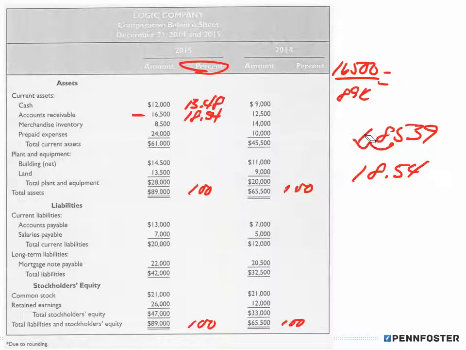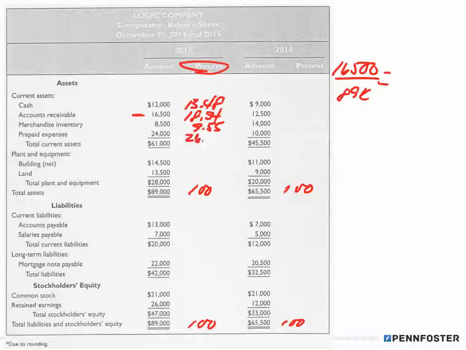I'm not going to do the math here for all of these, because it's really just that simple, and all you're doing is going down the page. So I'm just going to put in the numbers. This 8,500 is 9.55. The 24,000 is 26.97, and the 61,000 is 68.54.